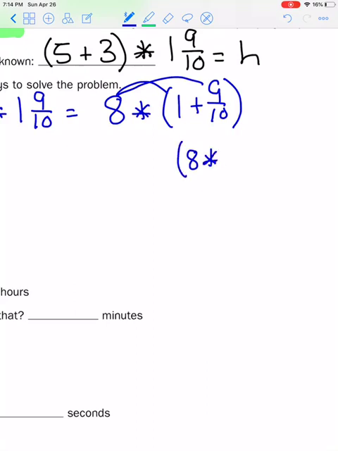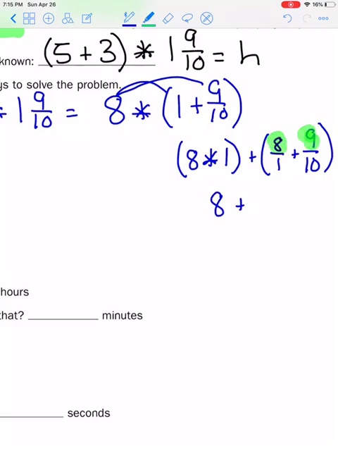So it would be 8 times 1 plus 8 over 1, same way as writing 8, times 9 tenths. 8 times 1 is 8, plus 8 times 9, which would give you 72, over 1 times 10, which would give you 10. Now, I want to change 72. So what is a multiple of 10 that gets me close to 72?